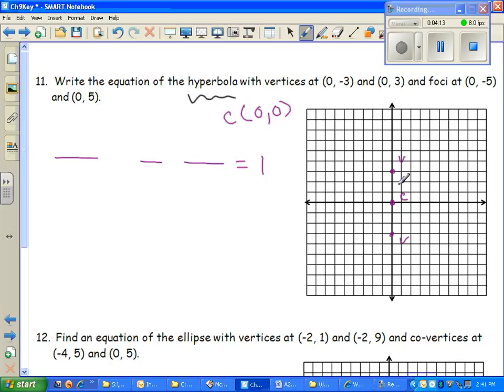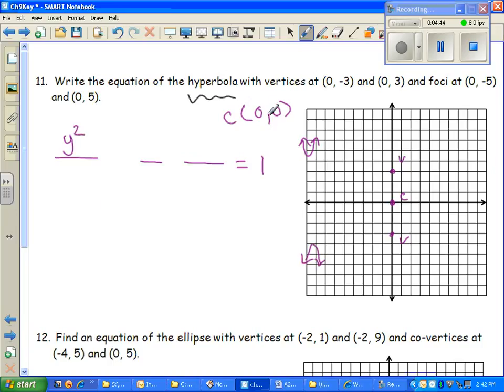Depending on where the vertices are that you are given will determine what the letter is that goes in the front. Since my vertex here is at 0, negative 3, and this one is at 0, 3, I know that my hyperbola is going to be opening up and down. This tells me that I need to start with the y letter. So I need to put my y's over here, and since it's centered at 0, 0, it's just y squared.